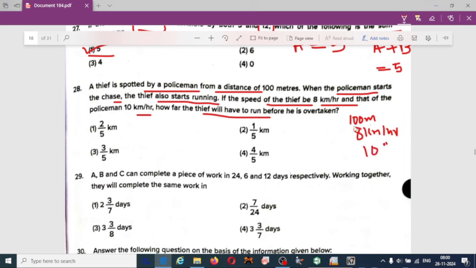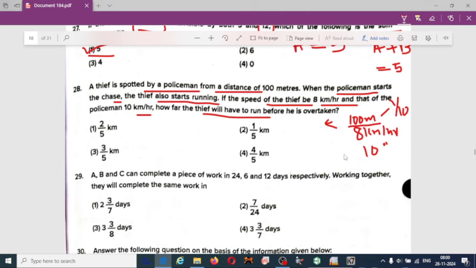If you convert this 100 meters into kilometers, you should divide it by 1000. 100 by 1000, how much will you get? 1 by 10 kilometer.